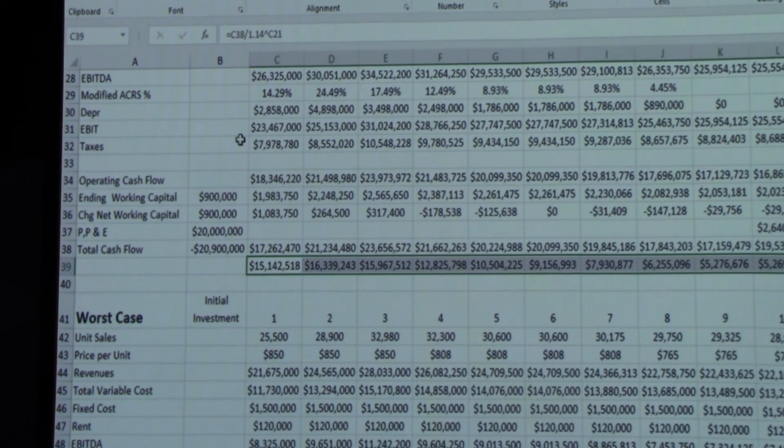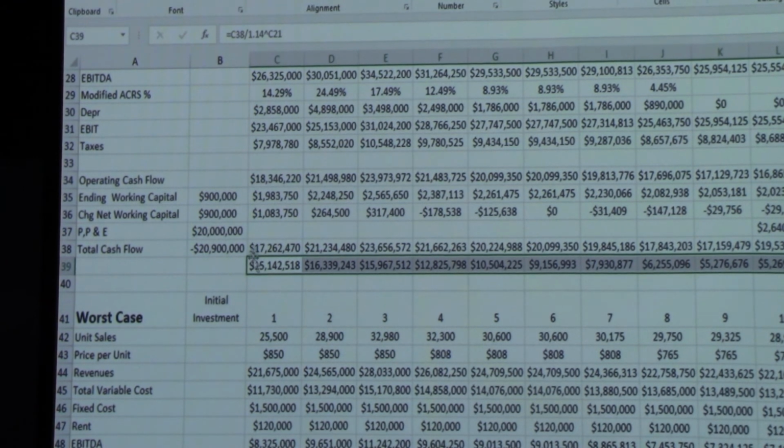So for year 2, we have a cash flow of 21,234,480 divided by, open paren, 1.14 y to the x 2, close paren, equals 16,339,243. So we're good to go. That number checks out.